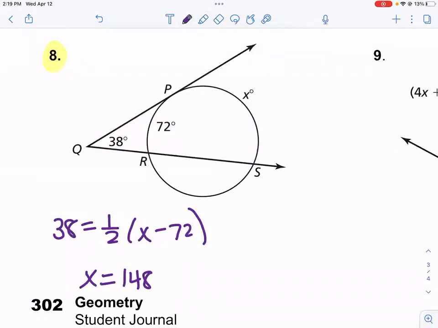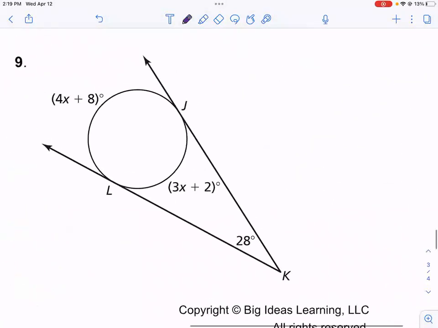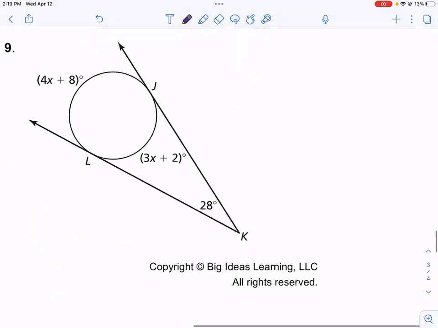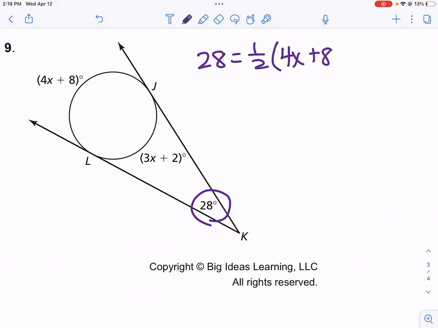Now, I am worried about problems like number 9, and this is why. Our angle is 28, and it should equal 1/2 of the outer arc minus 3x plus 2, but I am subtracting the entire quantity of 3x plus 2.